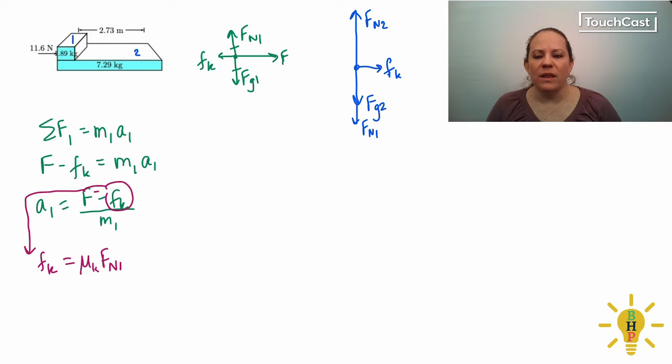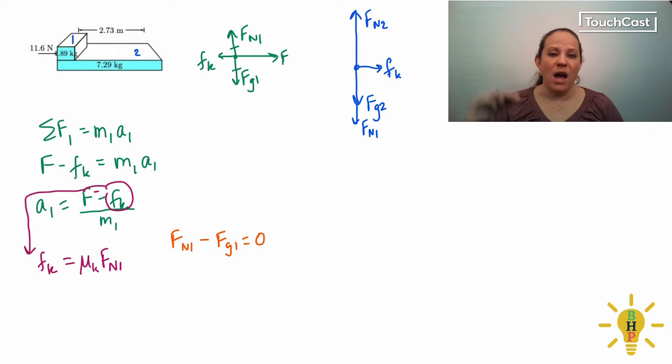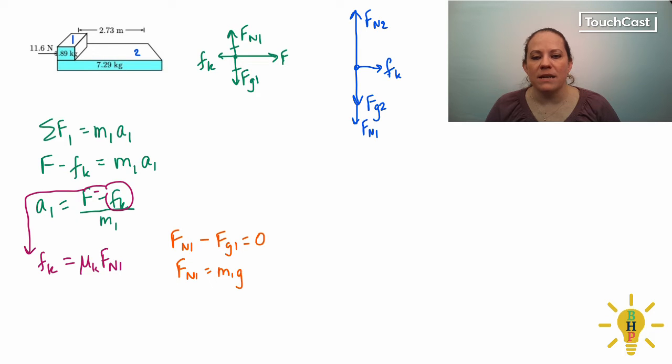We're going to note that vertically, our block is not accelerating. So vertically, on block 1, the forces are balanced, up equals down. So our normal force on block 1 is just going to be equal to its weight.